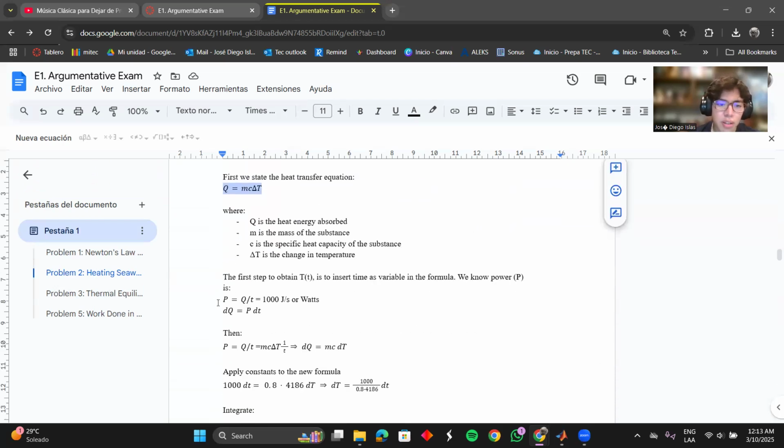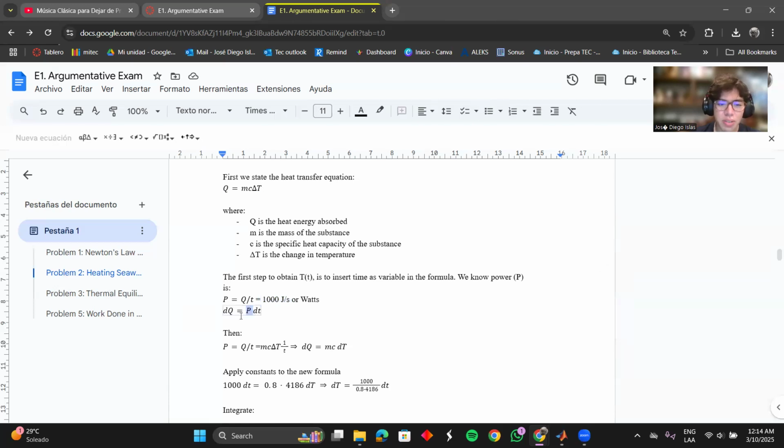So yeah, we know that the power, which was the 1,000 watts, is equal to the heat transfer or heat absorbed over time, which I already said is joules per second. So we know that dQ is equal to the power times time, right?